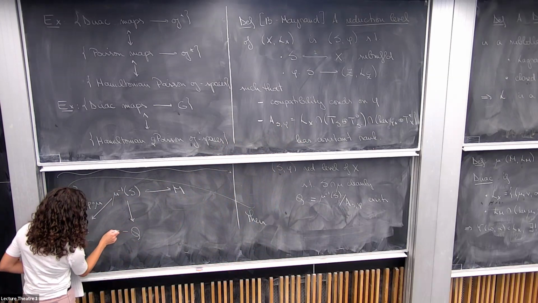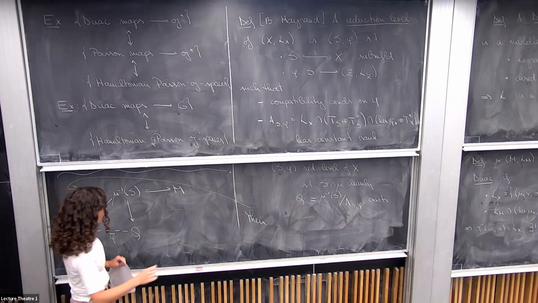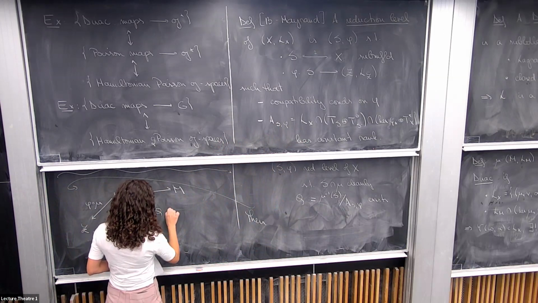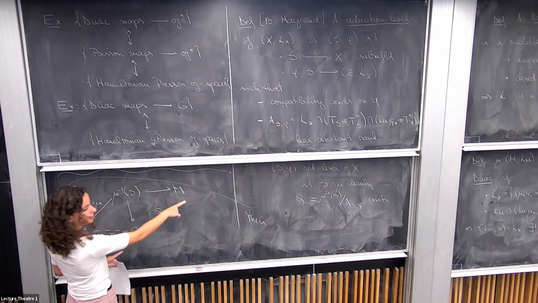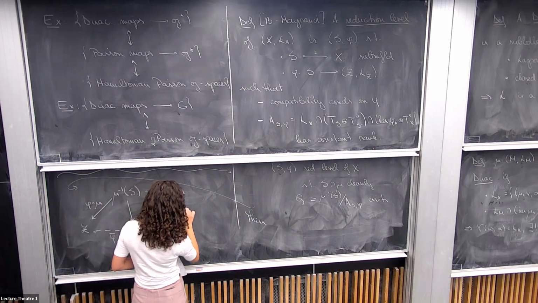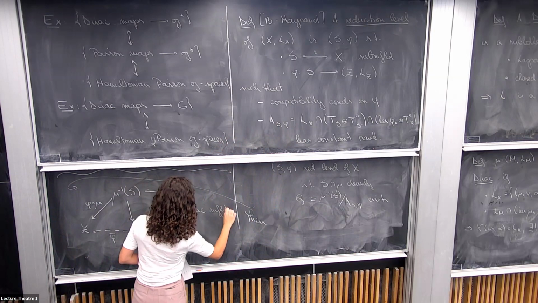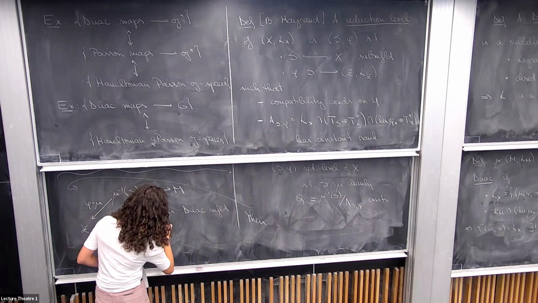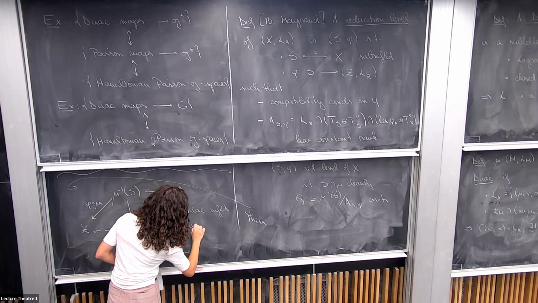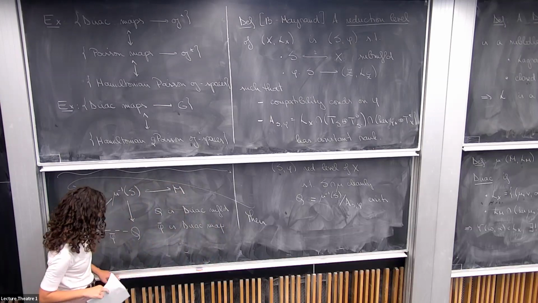And this map descends to some phi bar. And the statement is that Q gets a Dirac structure by reduction, so I pull back to this preimage and then push down to the quotient. And this phi bar is a Dirac map.